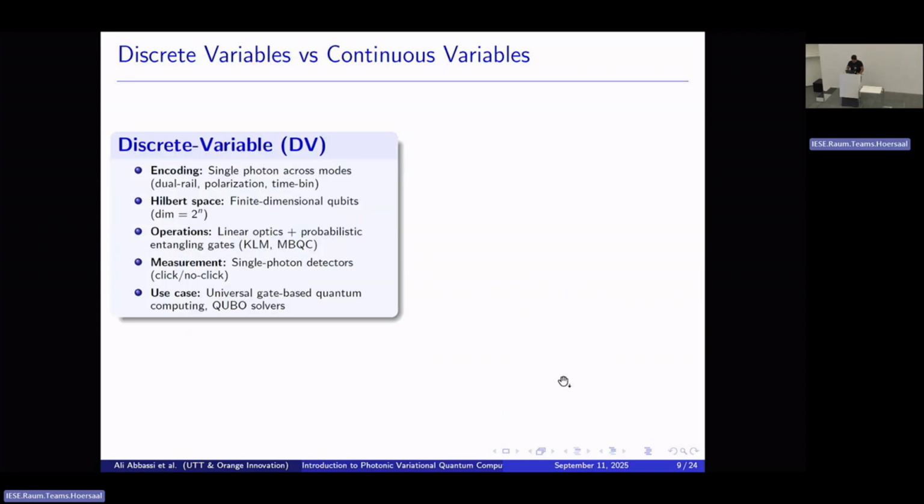All right. So why am I saying this? Because I would like to emphasize the difference between discrete variable photonics and continuous variable photonics. In discrete variable photonics, we can get back to a Hilbert space. So it's a Fock space, but then we encode qubits, so we get back to a Hilbert space. We either detect or not a photon. We send a single photon at a time, and we use this for universal gates.